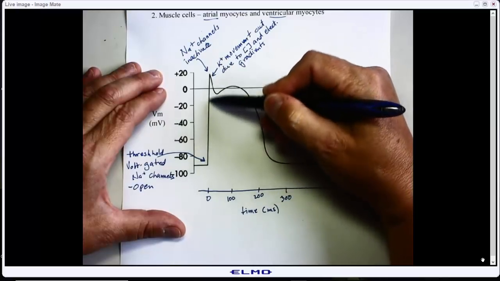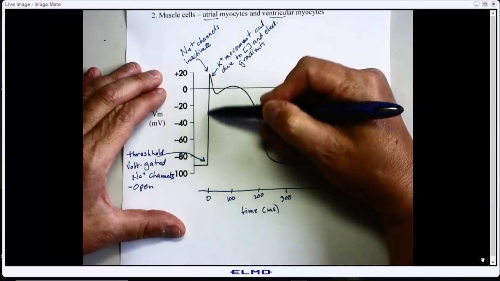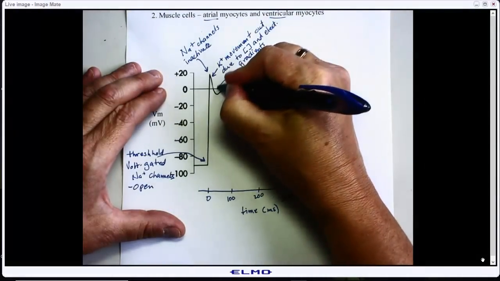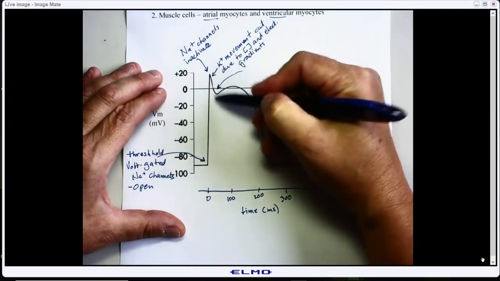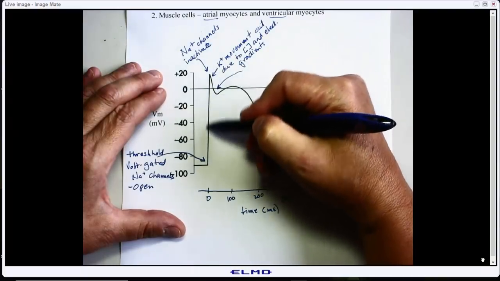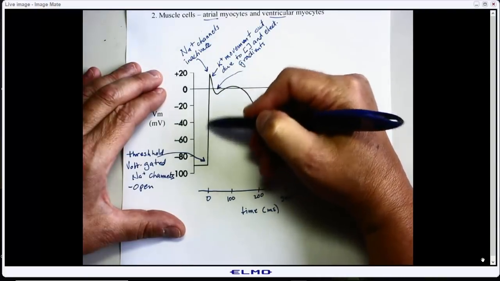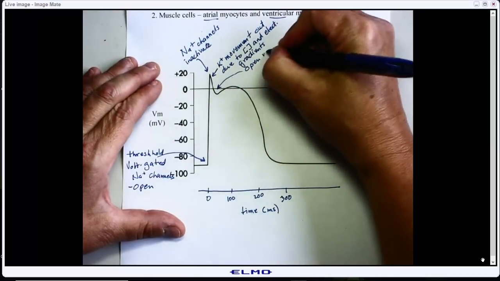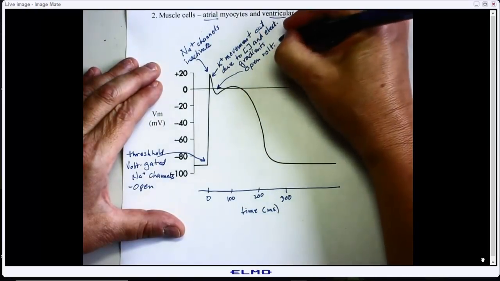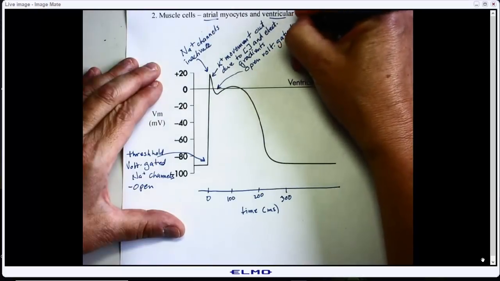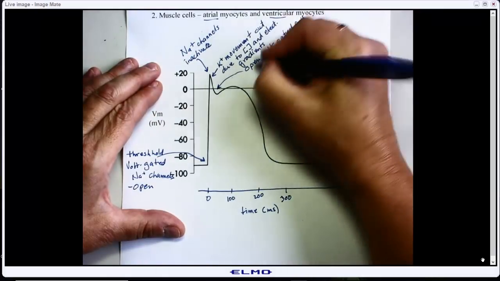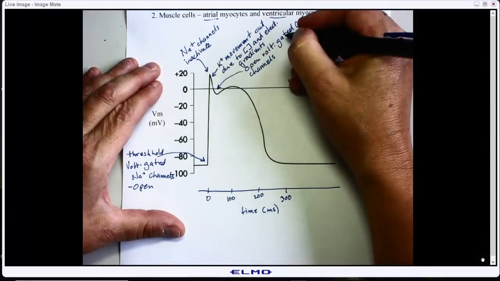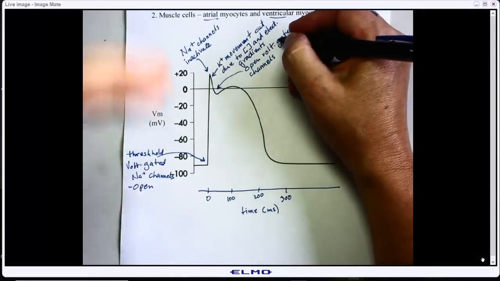I'm going to put an arrow around here somewhere because here is where we start to see it manifest, but just know it happened over here somewhere. So we open voltage-gated calcium channels, and we get calcium movement in.